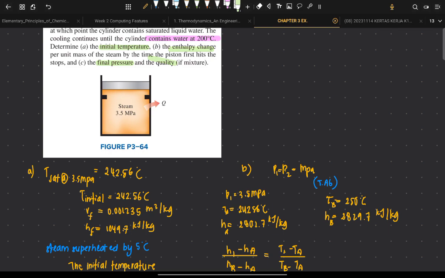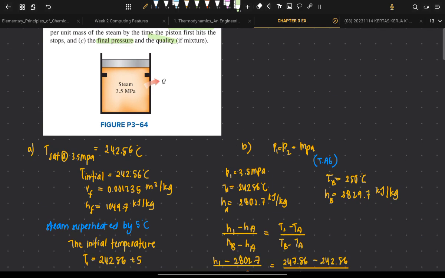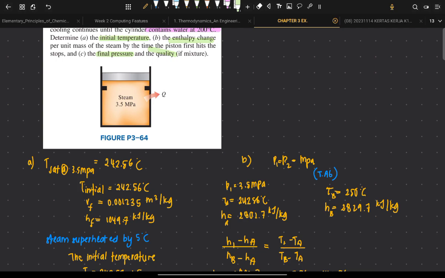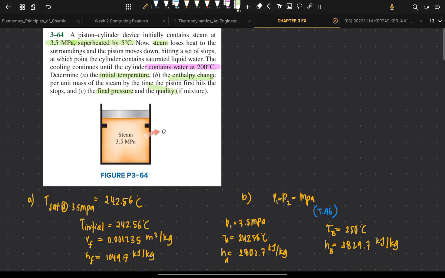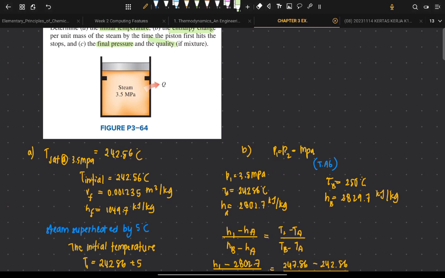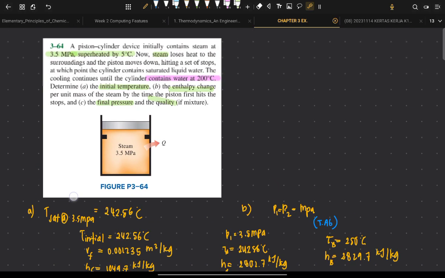Tsat at 3.5 megapascal is 242.56, which is the initial. We can see at table A5, which is vf and hf here. Table A5, because before it becomes superheated, it must be saturated steam.